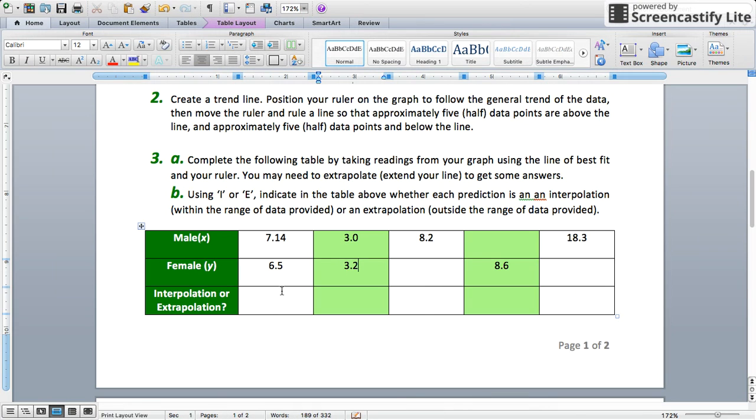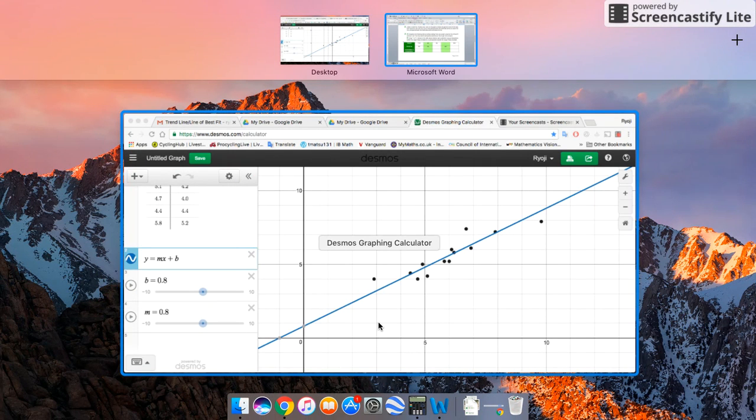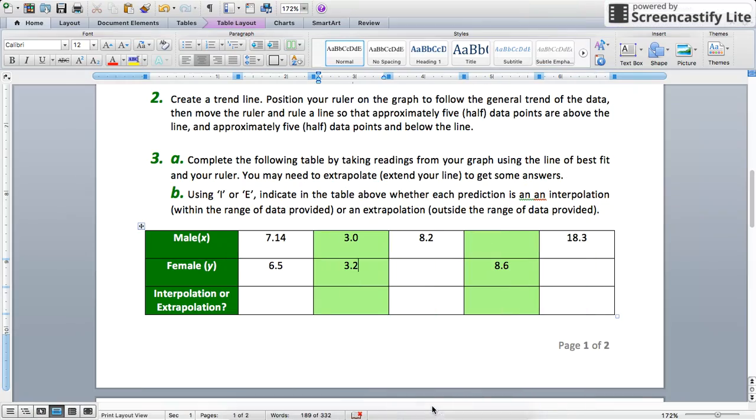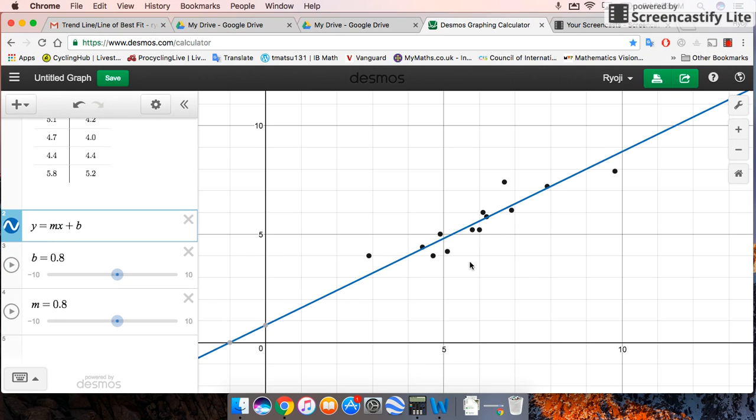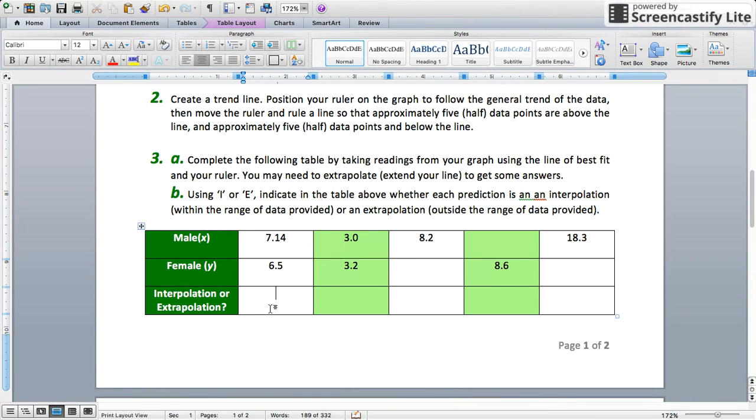So the first one, 7.14, oh, sorry, they gave us the Y value for that one. So 6.5. So 6.5 is inside of the data, so that's interpolation. So this is I. And then this one was 3.0.